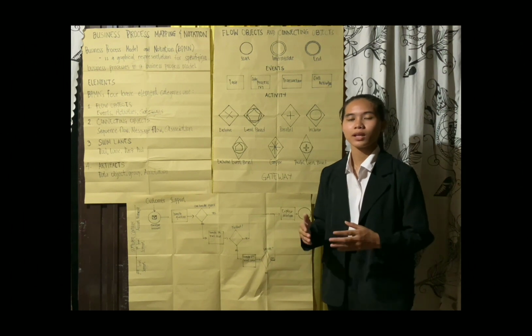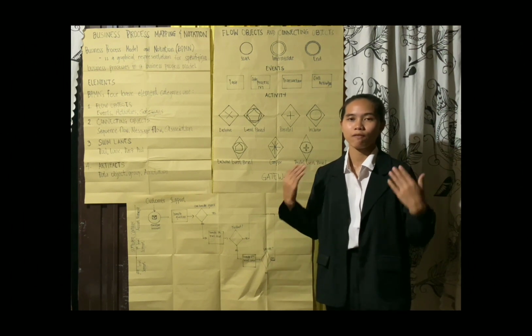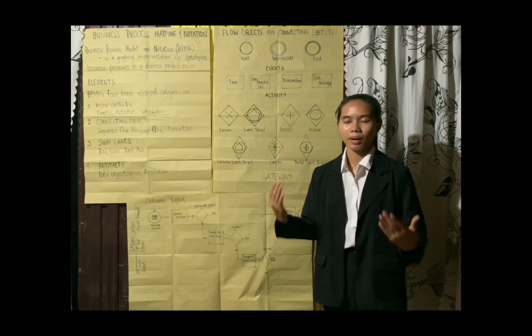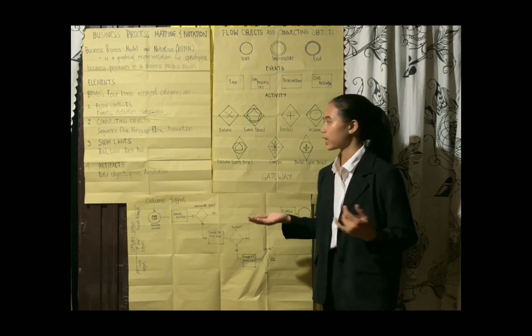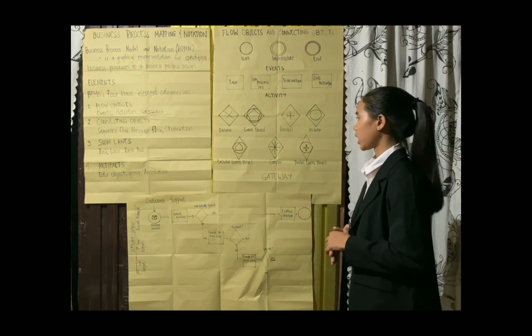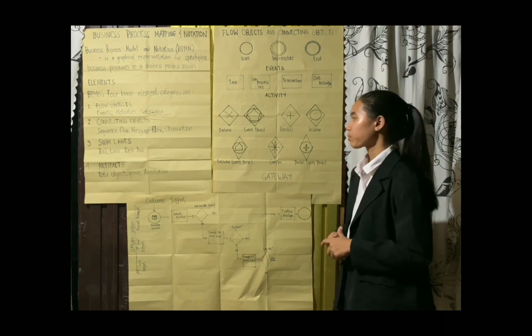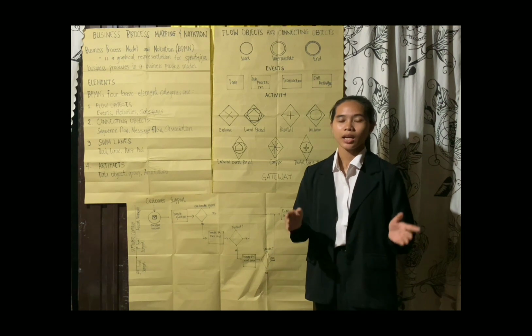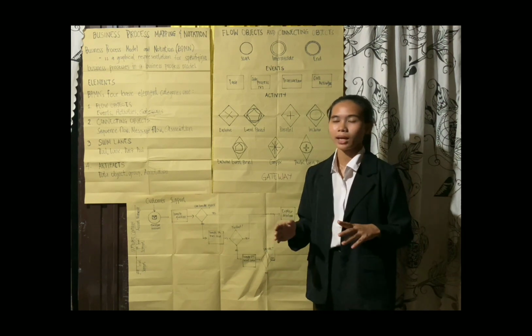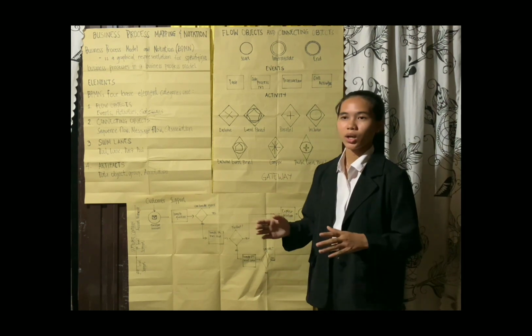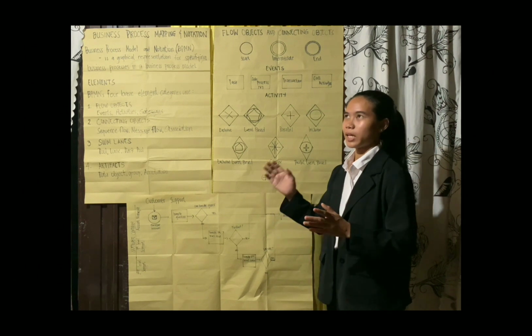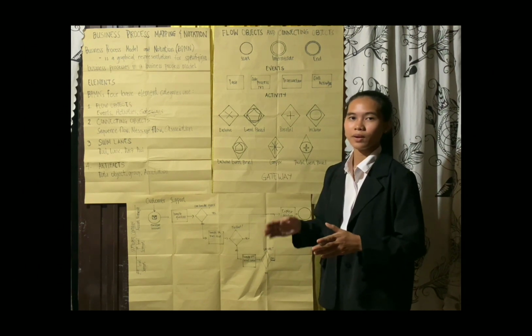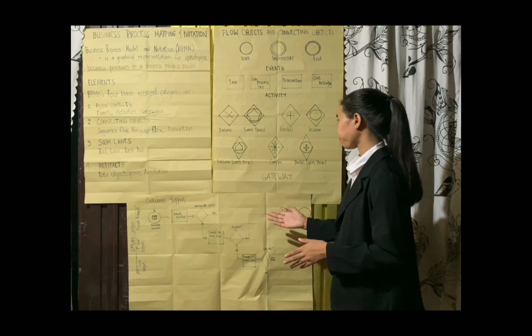An inclusive is used to create alternative flows where all paths are evaluated. The fifth is the exclusive event-based, where the event is being evaluated to determine which of the mutually exclusive paths can be taken.